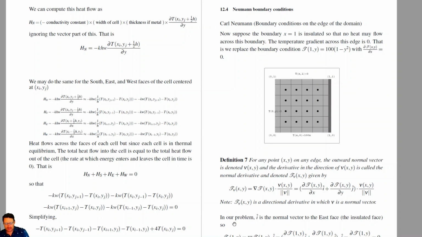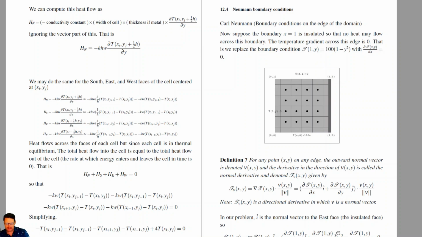All right, so in our problem, i hat is the normal vector to the east face. So it's a very simple vector v in our case. And that's a unit vector, so we don't have to divide by the norm, which would be 1. So T subscript v (1, y) is nabla T (1, y) dot i.